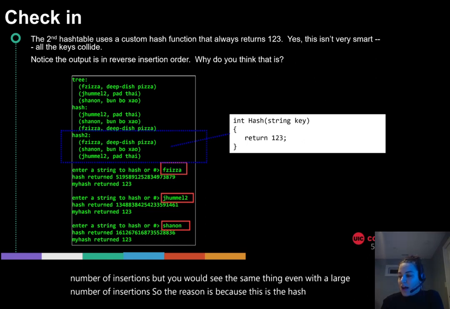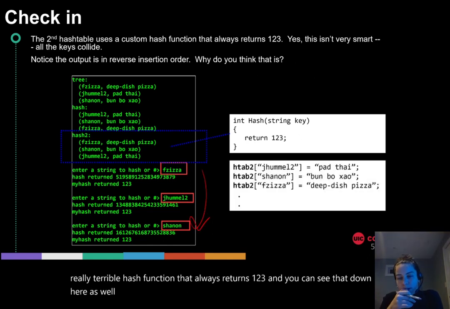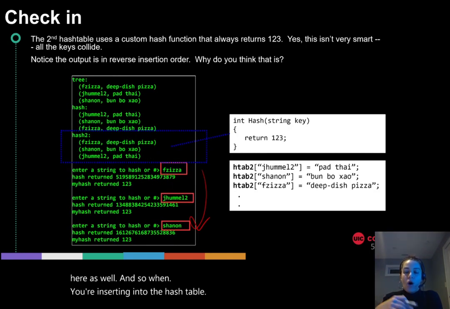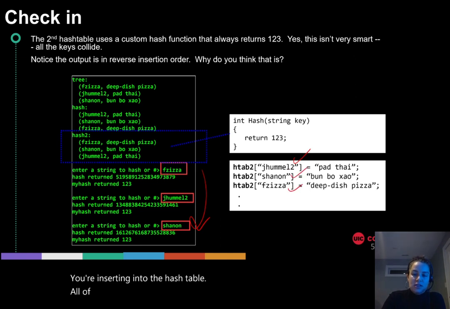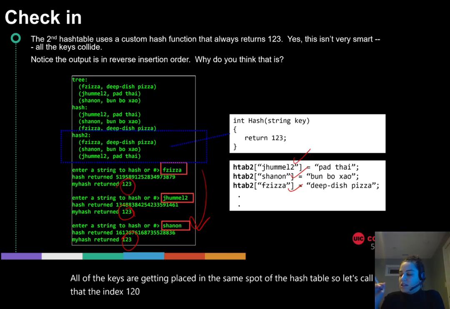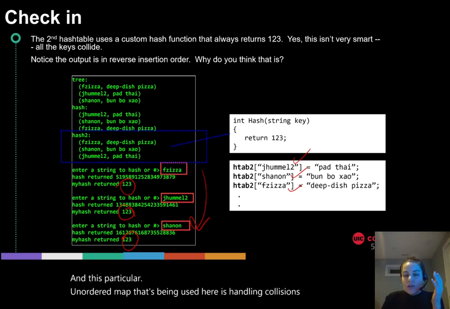It's a really terrible hash function that always returns 123, and you can see that down here as well. And so when you're inserting into the hash table, all of the keys are getting placed in the same spot of the hash table. Let's call that index 123. And this particular unordered map is handling collisions with chaining, so with a linked list.